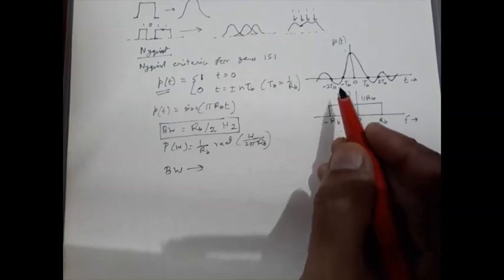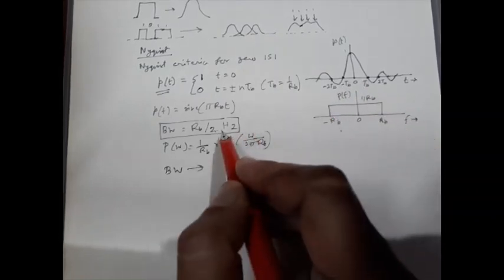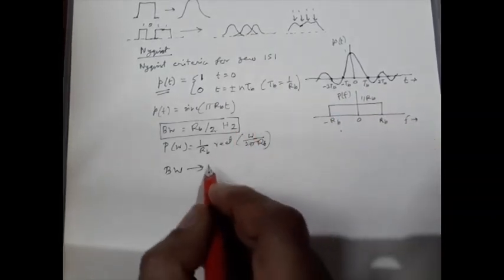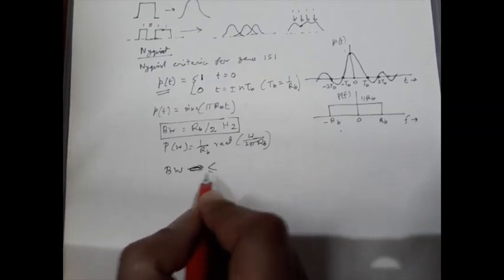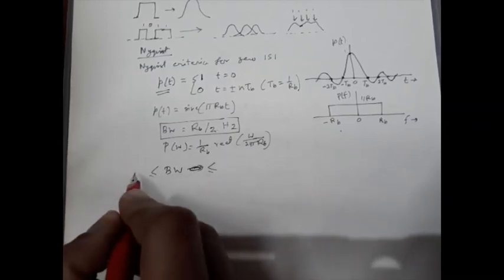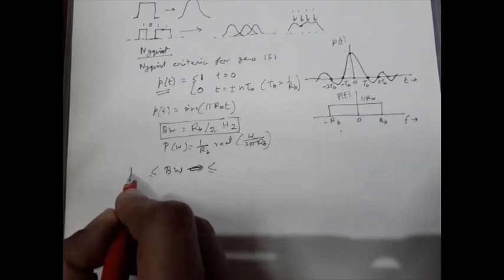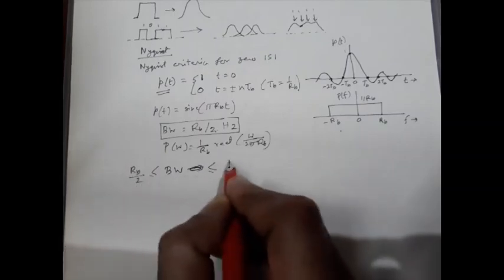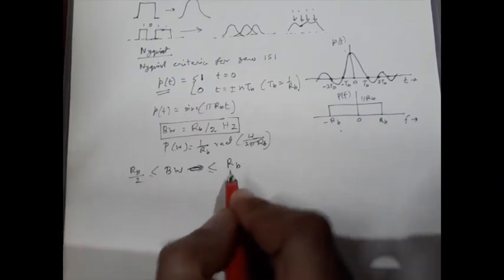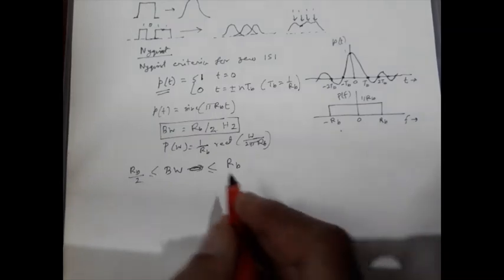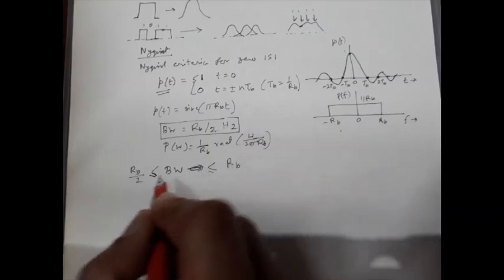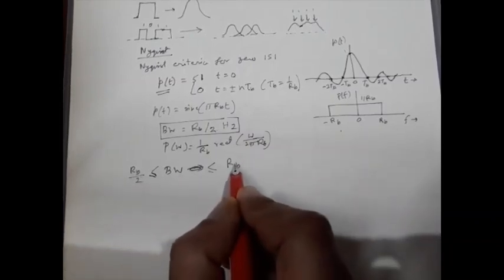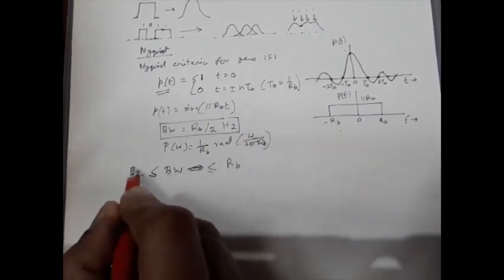So if we want to change the pulse shape, then we have to compromise the bandwidth, and we are allowing the bandwidth in between RB by 2 to RB. So we have to take care that though we are trying to design or reshape this pulse, the bandwidth should not be greater than RB, and this is the minimum bandwidth.